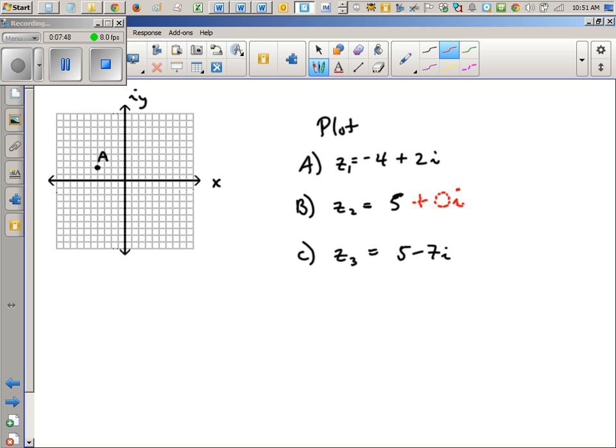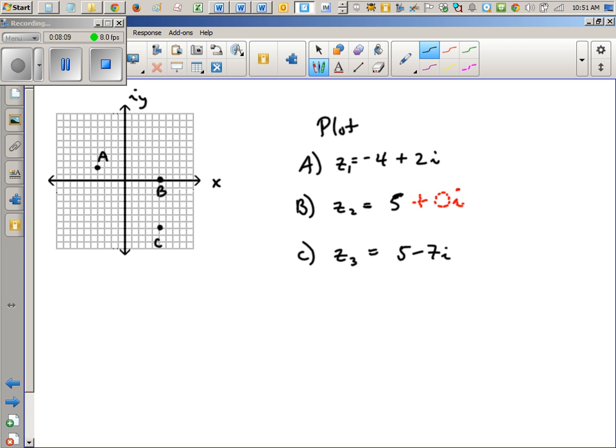So we're just going to plot the point 5, 0. Where does that go? On the real axis, right? And point C is Blake's point, and that's at 5, -7, so that would just be directly under it.